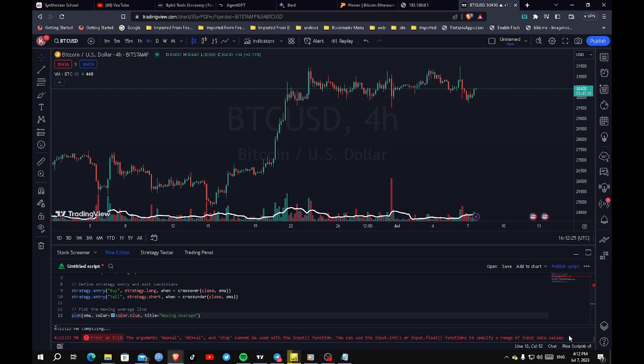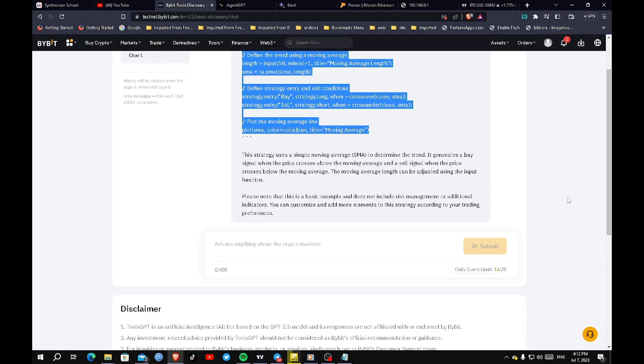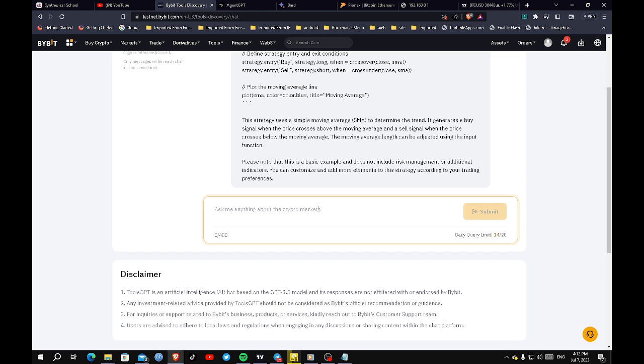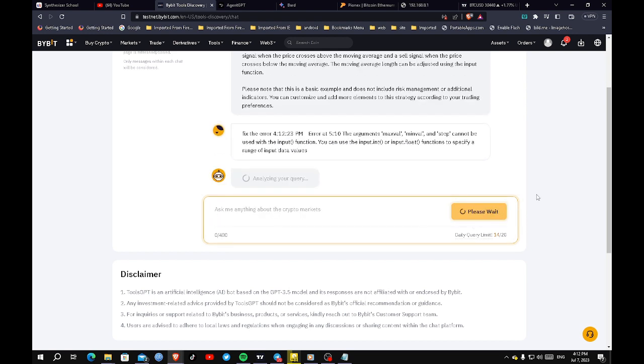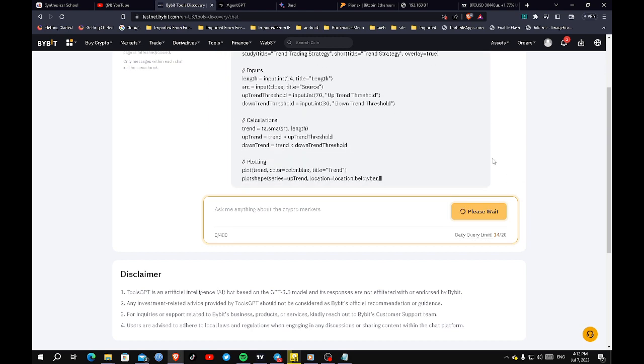Oops. Guess you have to fix this error as well. Okay, so fix the error. Let's switch to version 4.